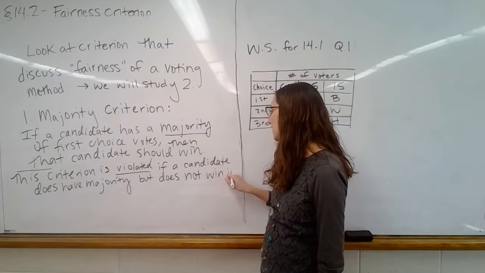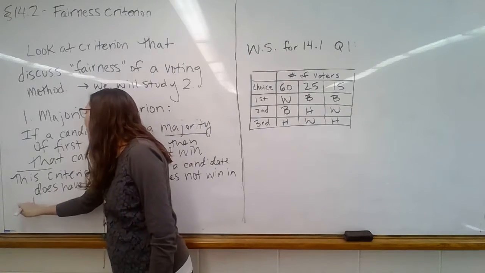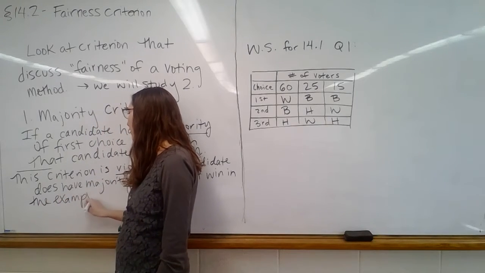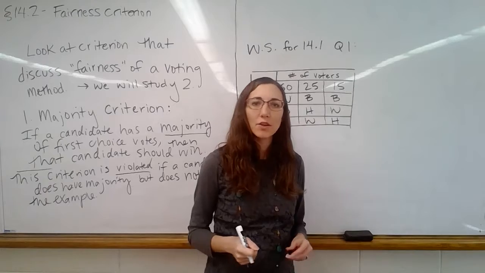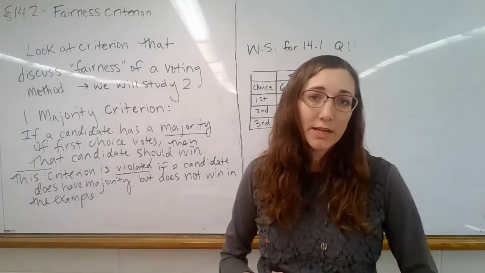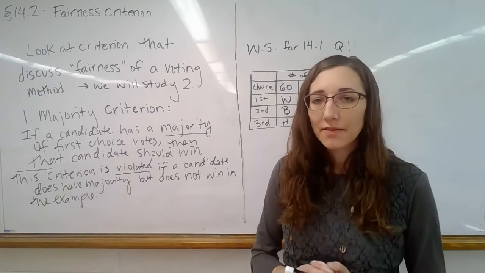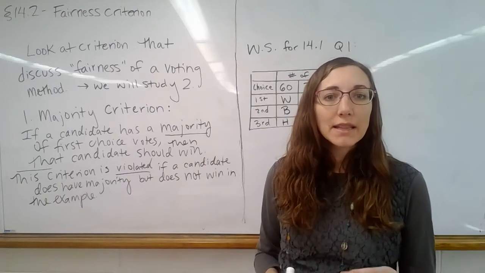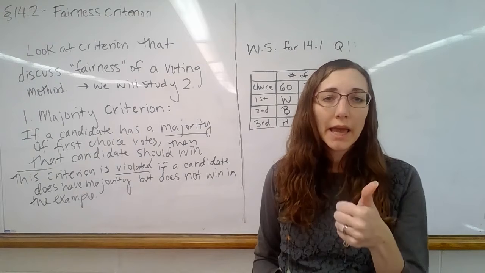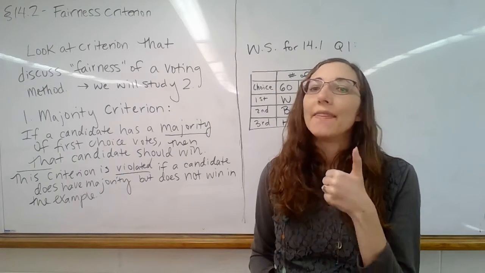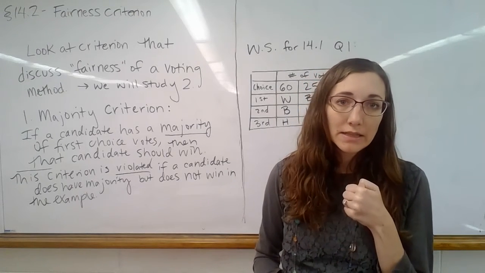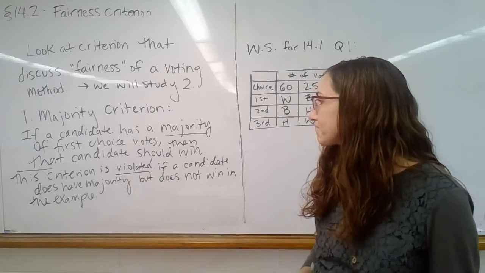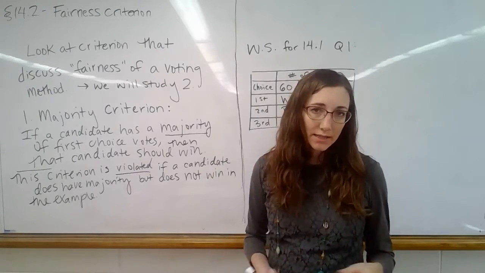And I'll say in the example. What we end up seeing is that it depends on which example you're in, whether you're going to satisfy the condition or violate the condition. So to violate it, there actually has to be a candidate that has majority, and then that candidate was not elected the winner. Some other candidate beat them. That's the only way to violate this criteria.